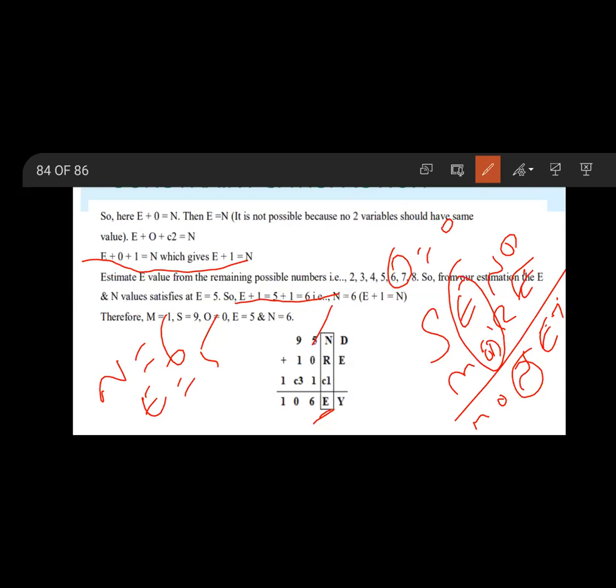So N equal to 6, E plus 1 equal to N. Therefore M equal to 1, S equal to 9, O equal to 0, E equal to 5, N equal to 6.